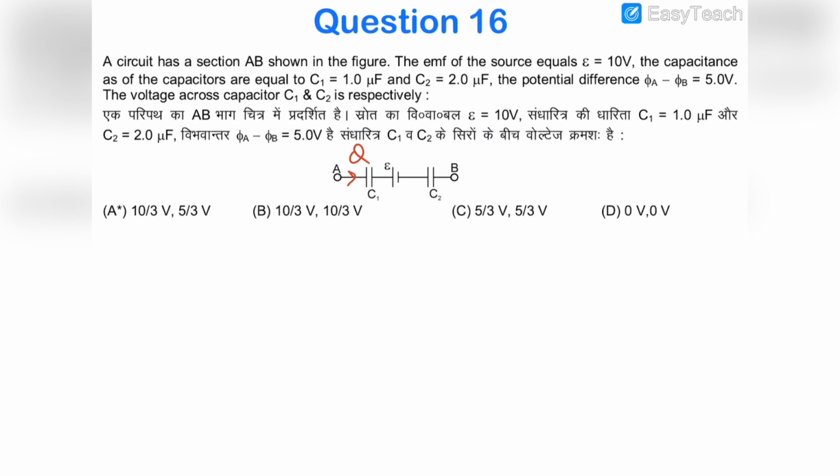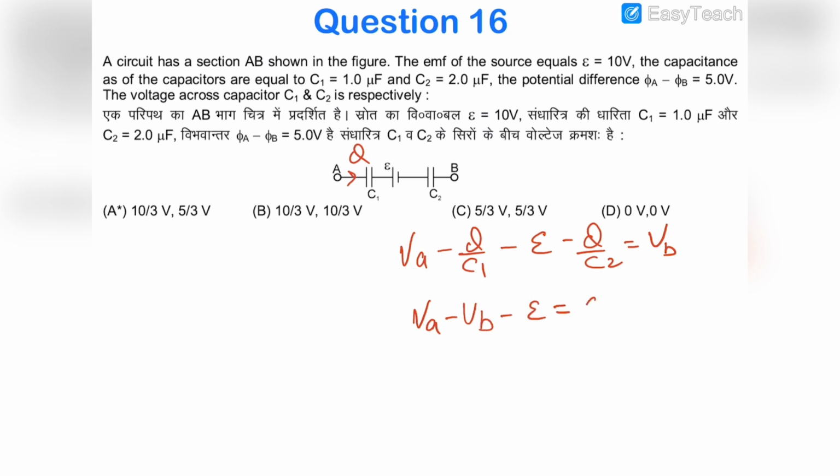We know that these are in series, so the charge flowing through them would be the same, and let us apply KVL in the open loop. So VA minus Q by C1 minus E minus Q by C2 is equal to VB. So VA minus VB minus E is equal to Q times 1 by C1 plus 1 by C2.